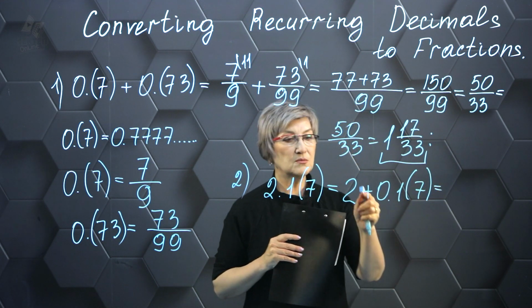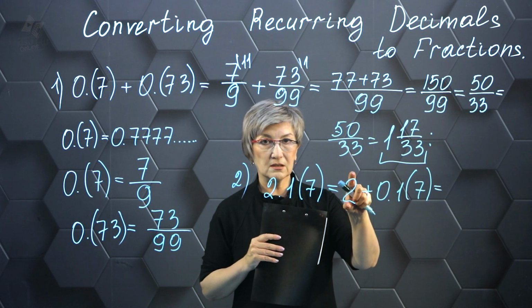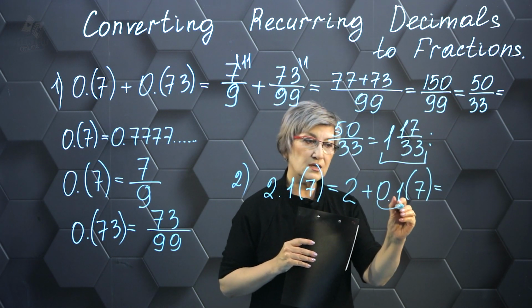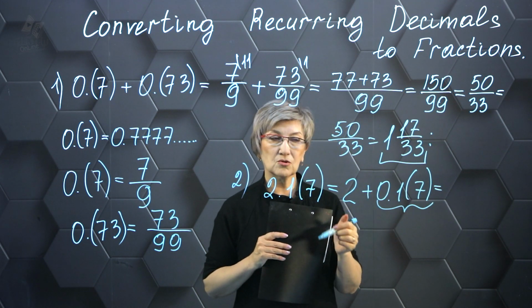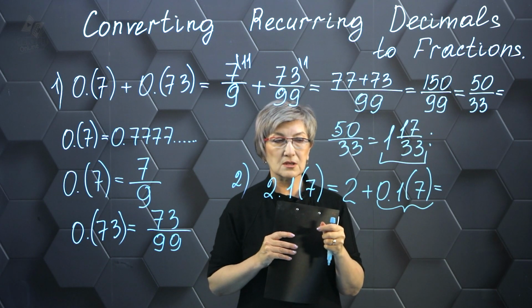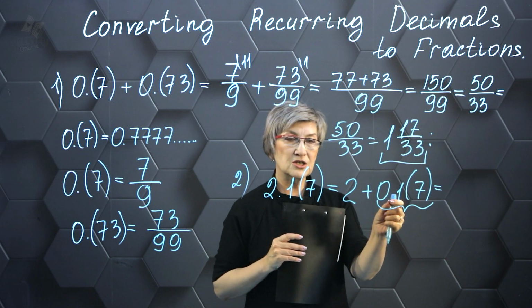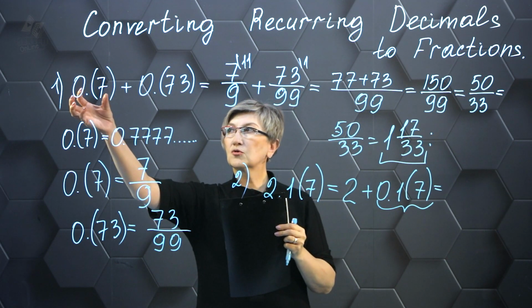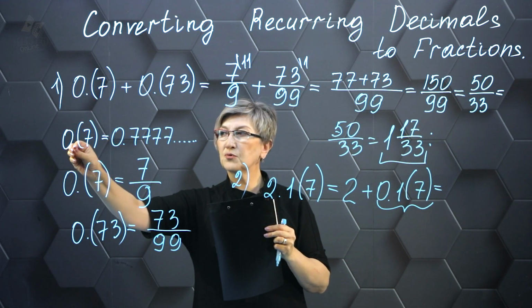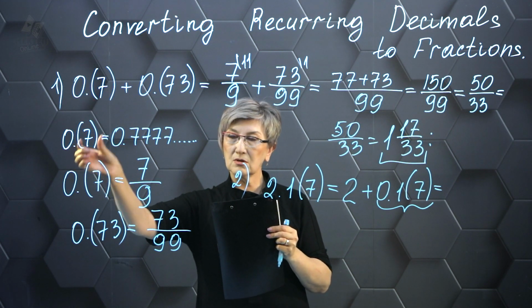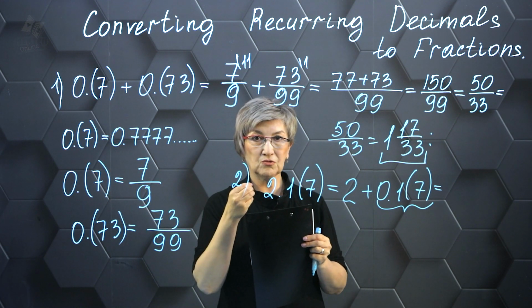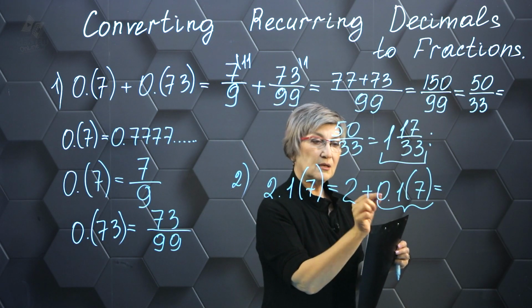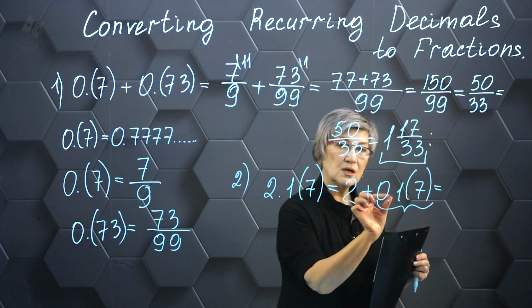Why? Because we're not going to touch the two integers, and we're going to work with the periodic fraction. What should we do in this case? In the previous examples the period started right after the decimal point, so in this case we need to move that comma one place to the right.